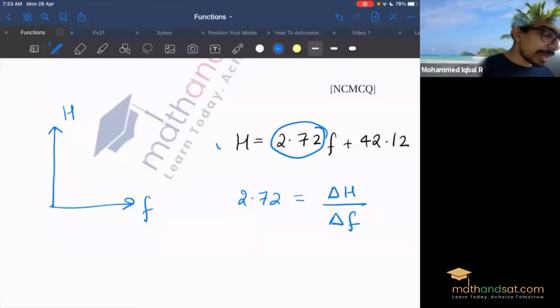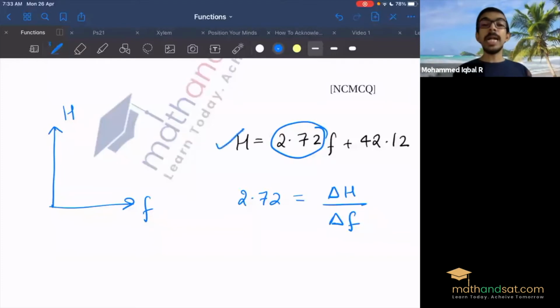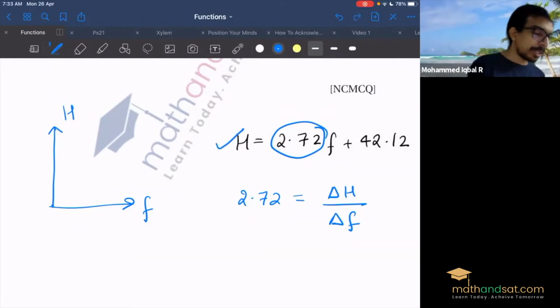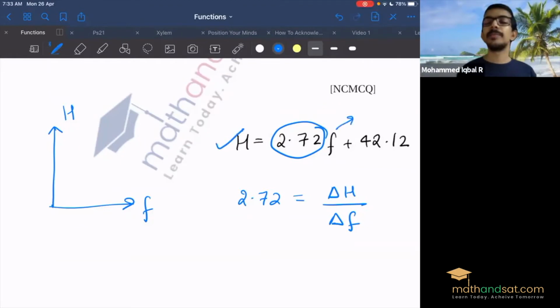This is your y value, what we call the dependent variable, and this is the independent variable. Your slope is the ratio of change in the dependent variable to change in the independent variable.